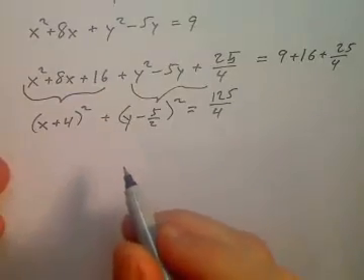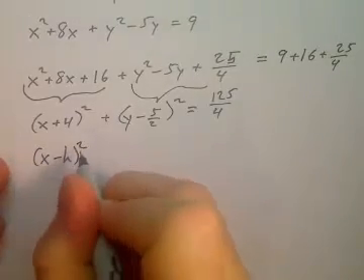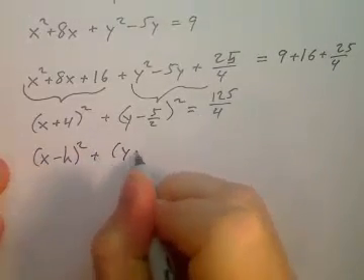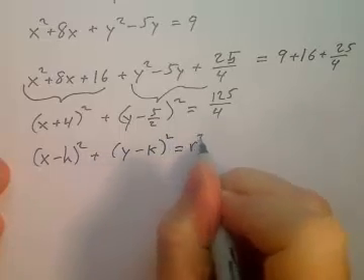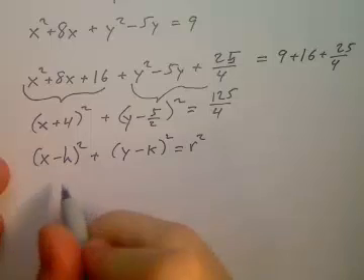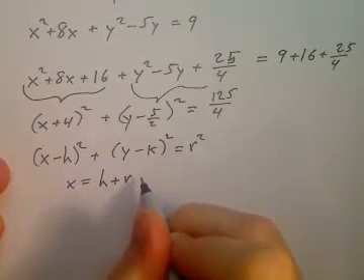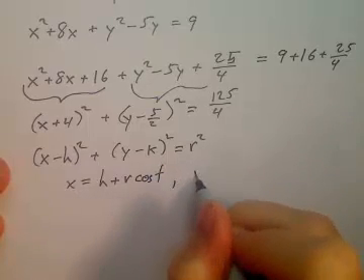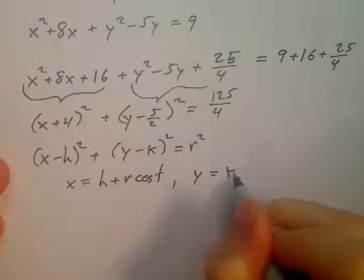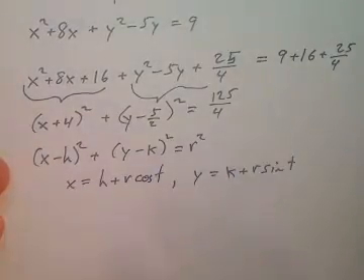And you need to recall that if you have x minus h squared plus y minus k squared equals r squared, the natural parameterization is x is h plus r cosine of t, and y equals k plus r sine of t.